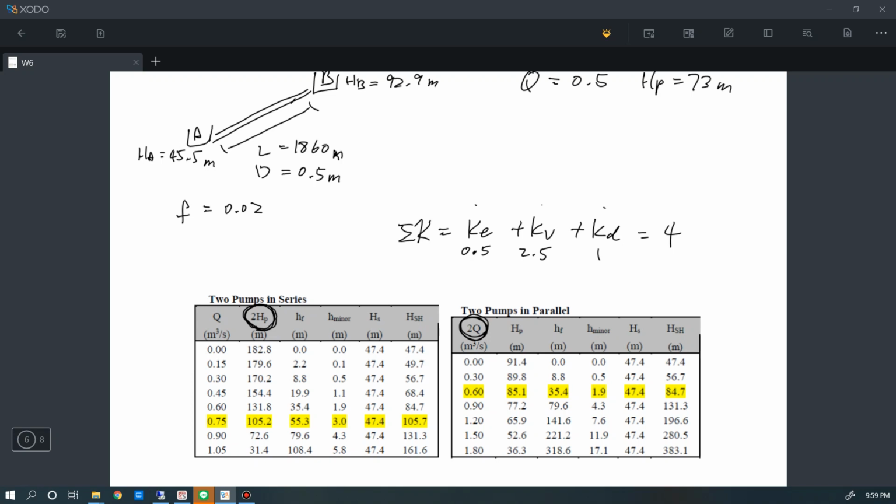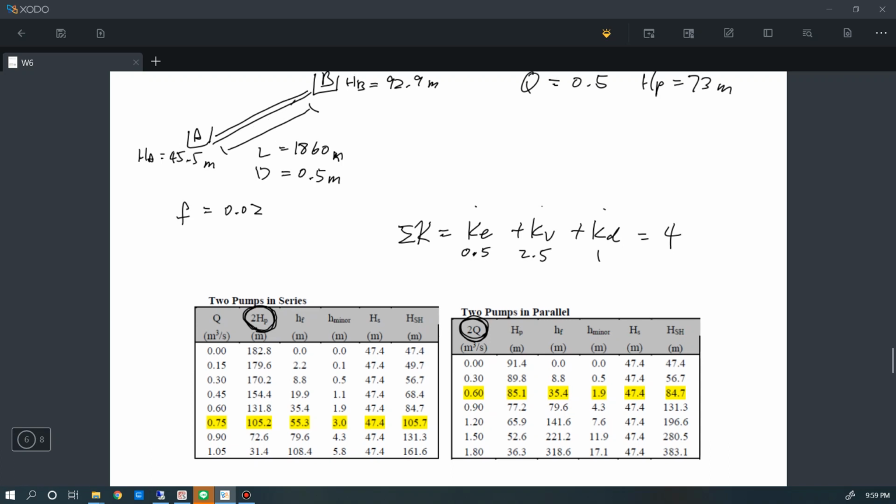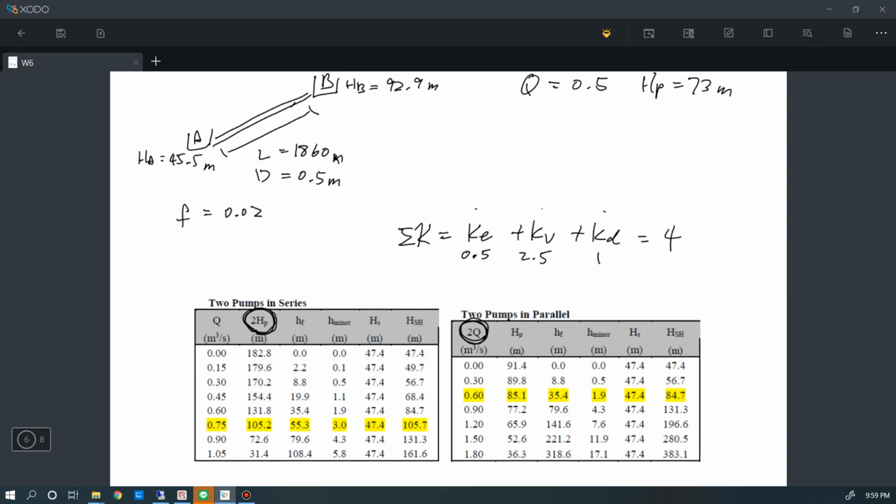And we can simply apply the H minor equal to the K times velocity head.